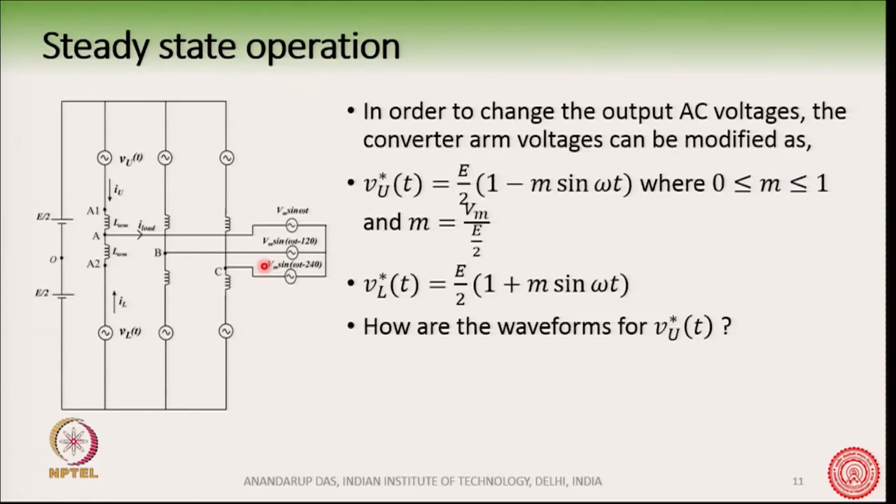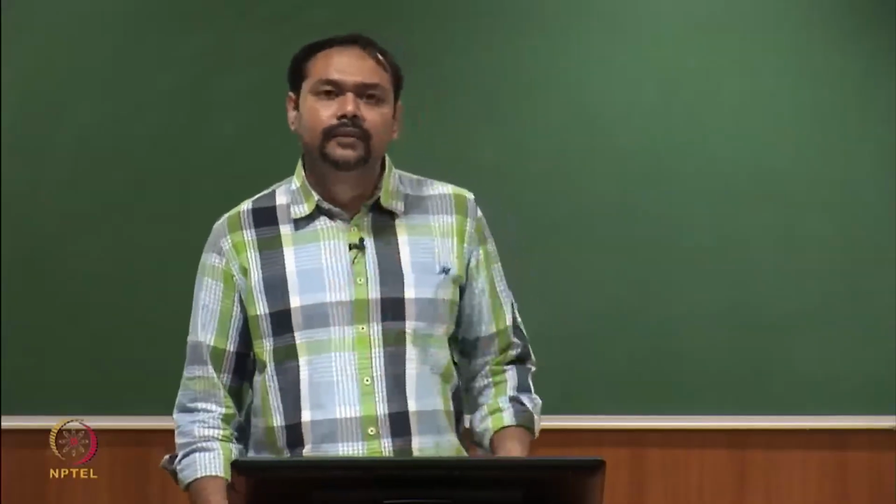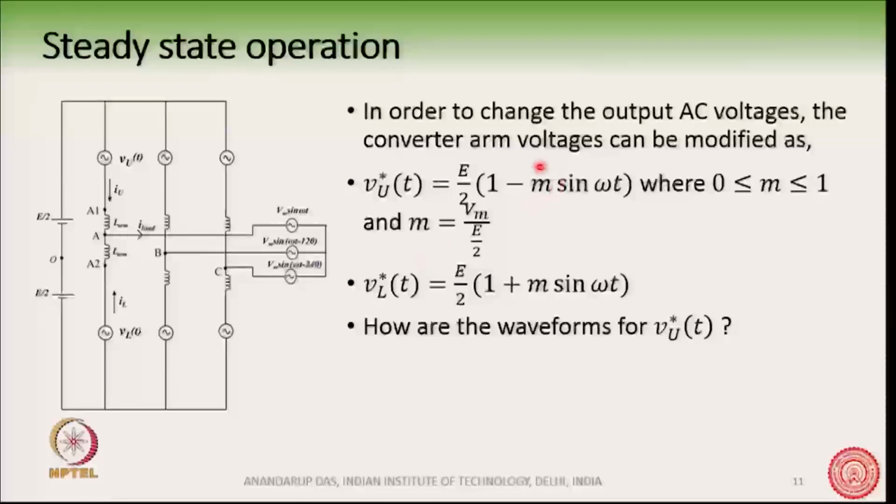For example, for motor drive application this is very much necessary, and if we are going for say V by F application, both the voltage and the frequency will also change. But anyway, if we want to change the voltage output, then that V m which we were producing has to be changed.